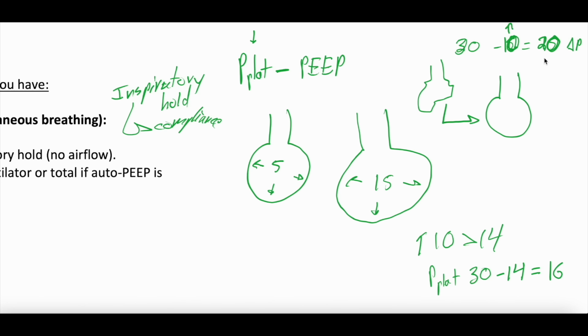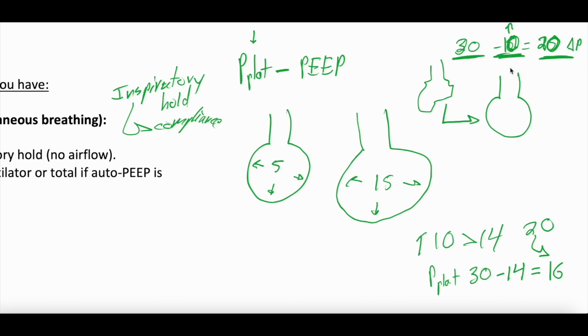Whereas at a PEEP of 10, that driving pressure was 20. So I went from a driving pressure of 20 down to 16, which then tells me that that PEEP change was good. Changing that PEEP from 10 to 14 just helped recruit more alveoli that before were under-distended, because the plateau pressure didn't really go up much, even with an increase in PEEP, which made that driving pressure go down.